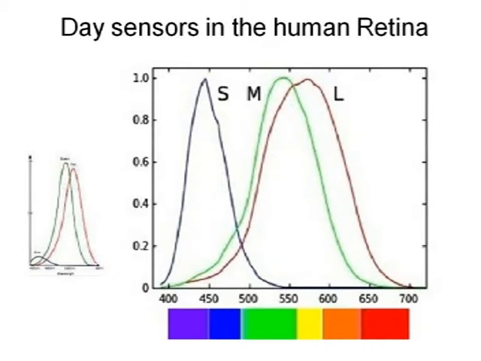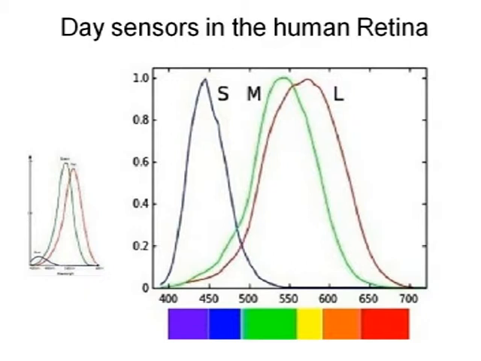In the fovea, which is the central part of the retina, there are 3 types of light sensors: blue, denoted by S, green, denoted by M, and red, denoted by L. The large graph shows the normalized spectral response of each of the sensors.